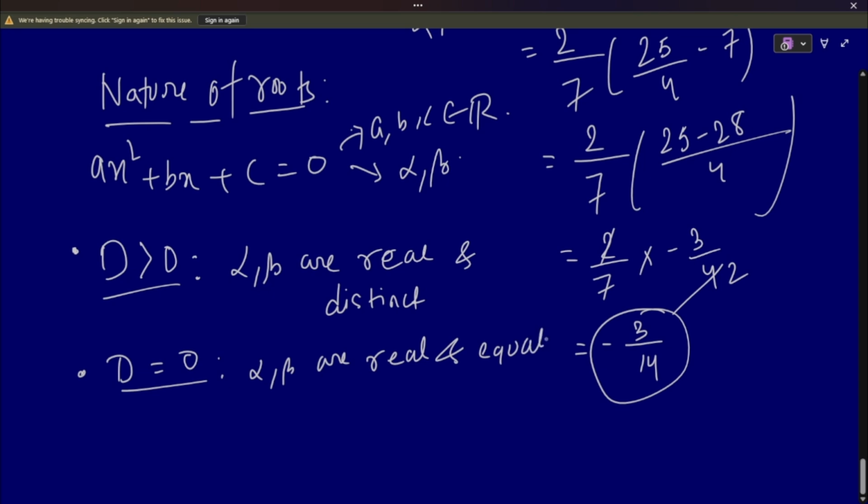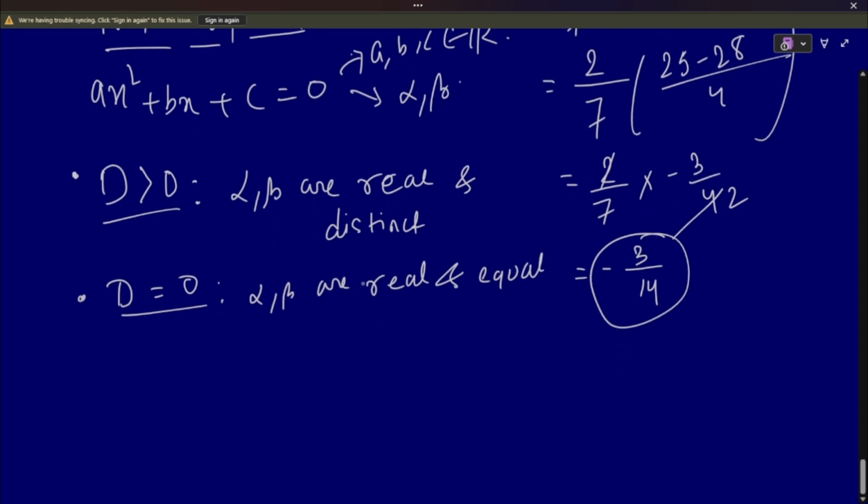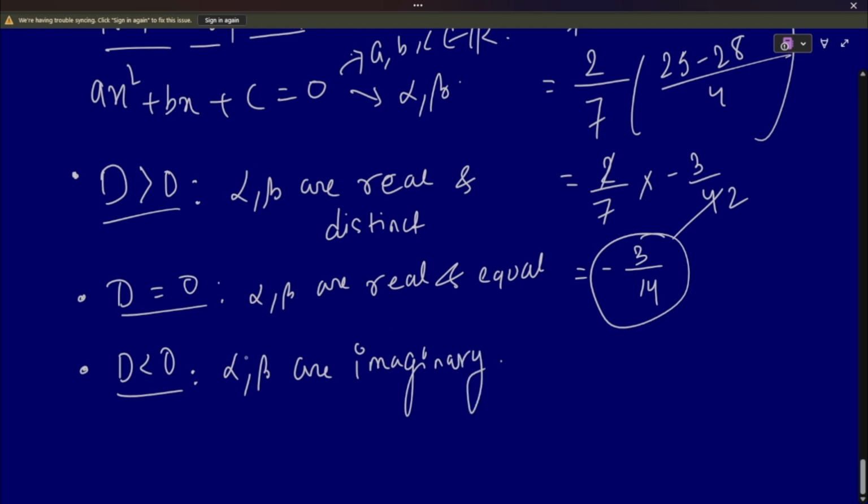So the condition for equal roots is basically to set the discriminant equal to 0. And the last case, D less than 0, tells us alpha, beta are imaginary, which means the equation has complex roots. It does not have real roots, it has imaginary roots.